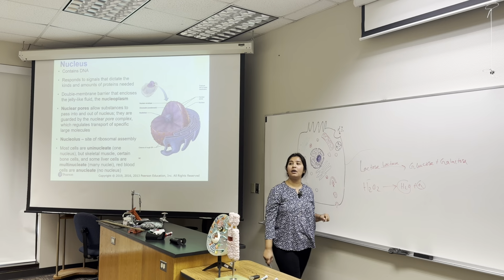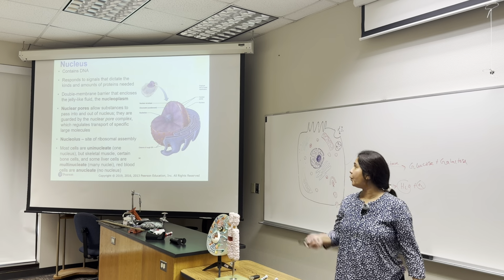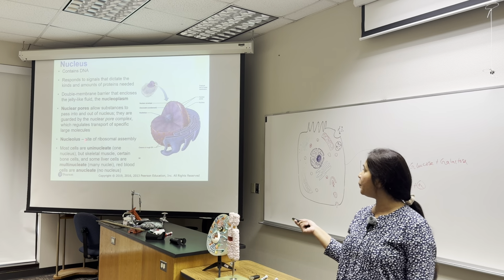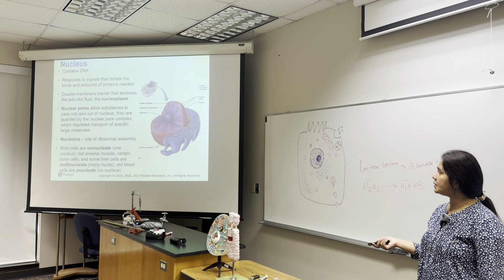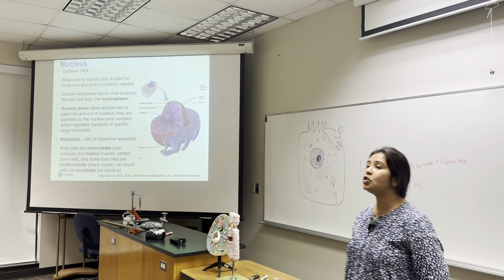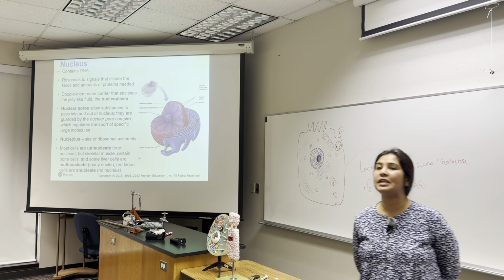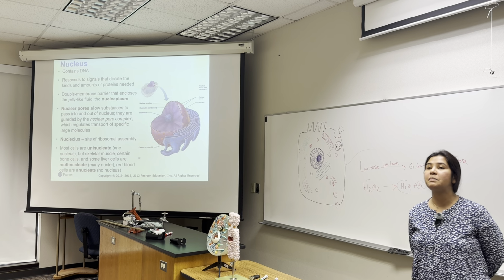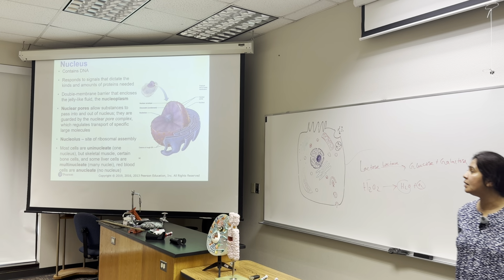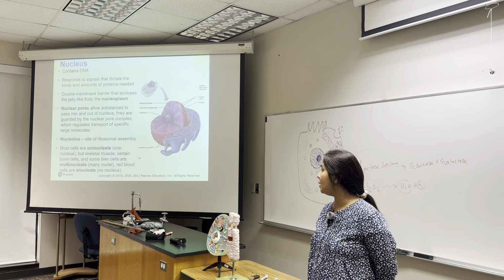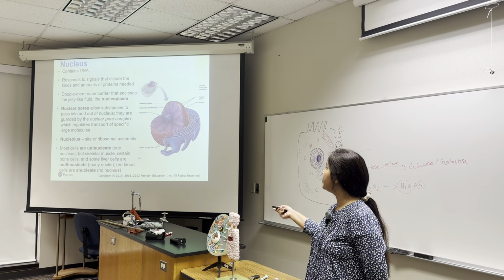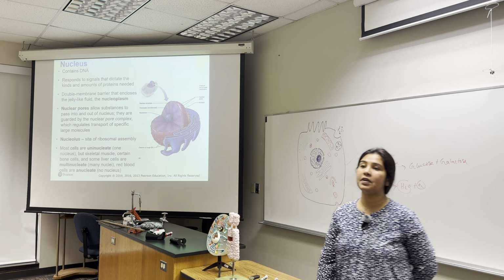That is why you have the nuclear pore. You also have the nucleolus, which is the site of ribosomal assembly. Most cells in our body are uninucleate, meaning at least one nucleus in the cell, but some cells can have multiple nuclei. Red blood cells do not have any nucleus.